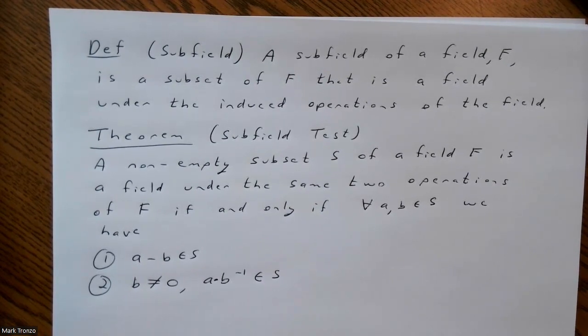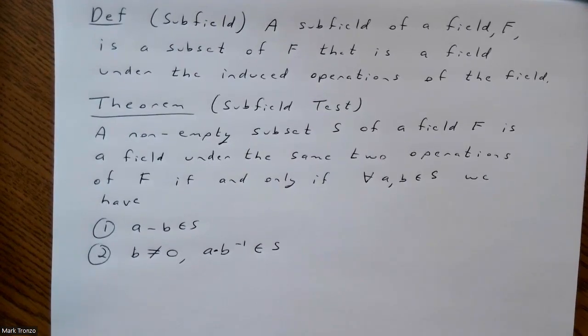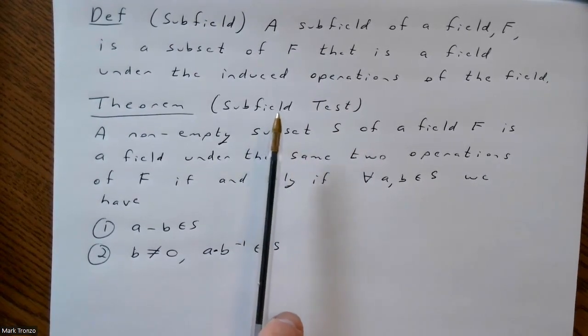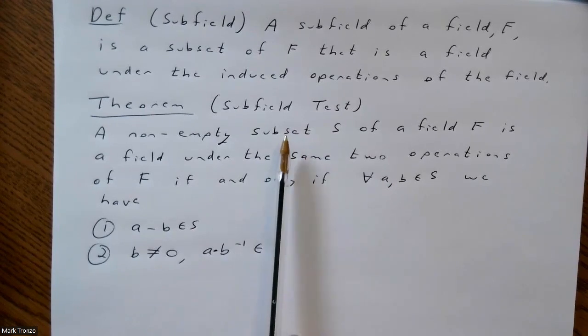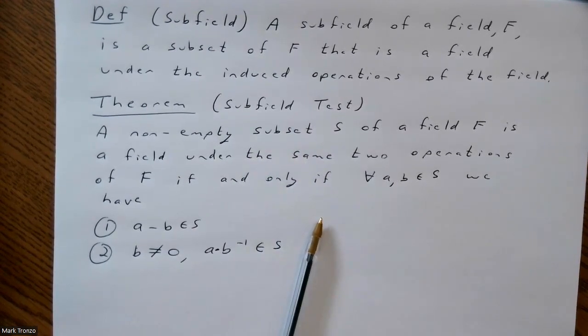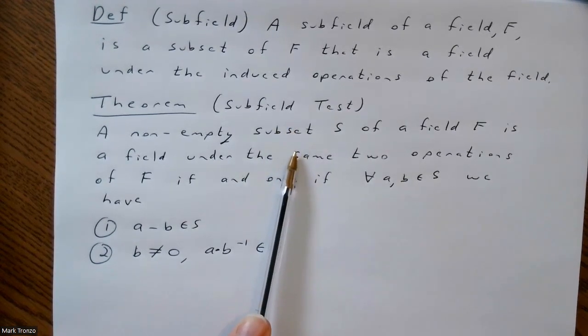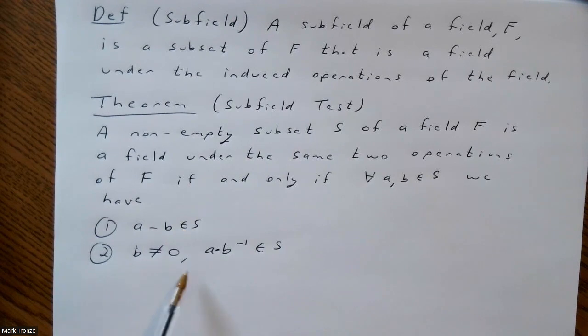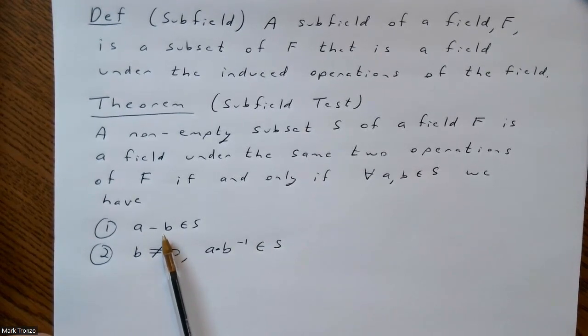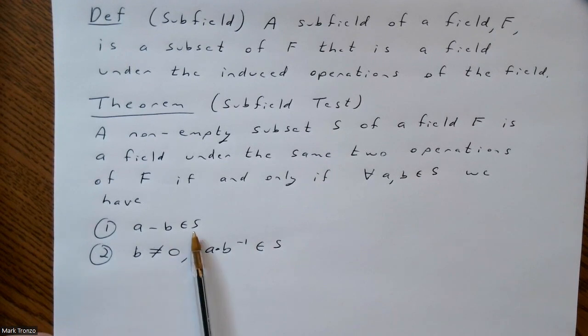What's really nice about these tests is that we had all those things that led up to what a field had to be. You could test all those different things, which would take you quite a while. But if you know something's a subset of a field, all you have to do is verify these two things: for all elements A and B, if you take A plus the inverse of B under addition, which is negative B, that's in the set.